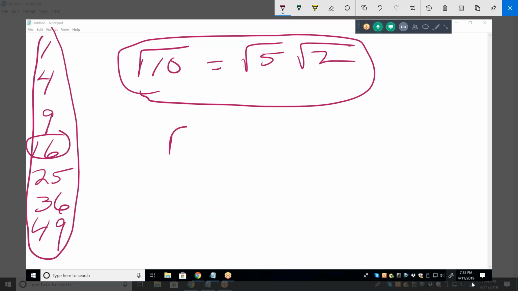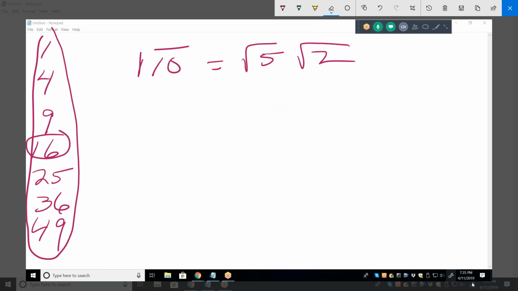Root 10 is root 10. You do not change it. You don't change root 10 into 2 radicals. You only change it if one of them is a perfect square number and you can pull it out. In other words, it only is simplified if you can pull out a whole number. So we don't do that.